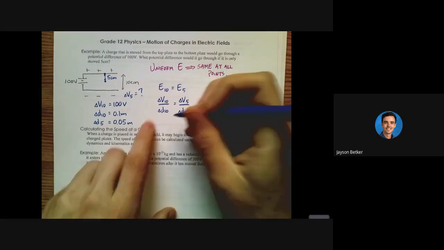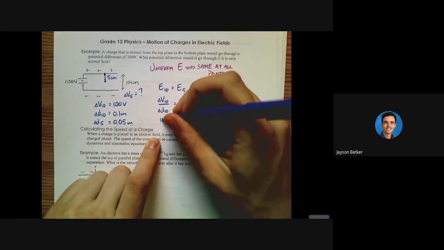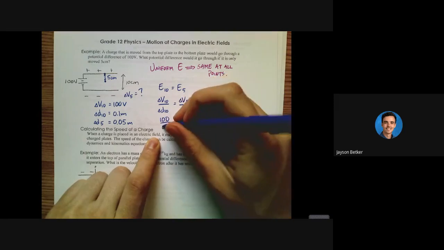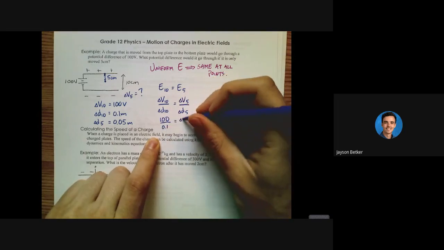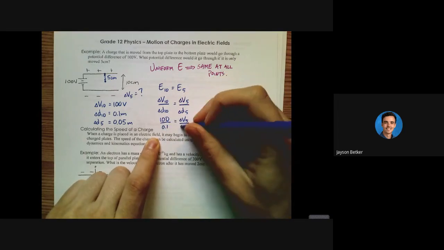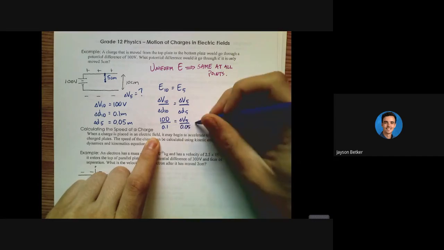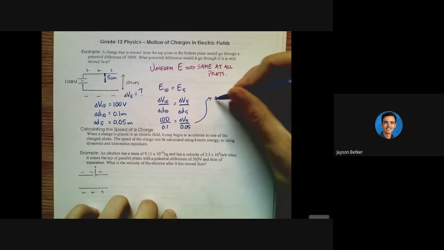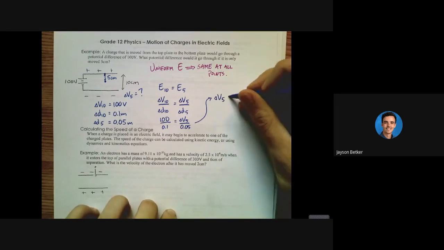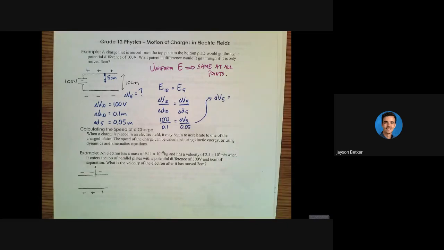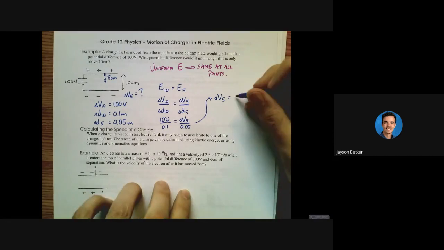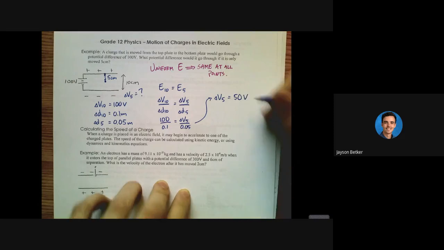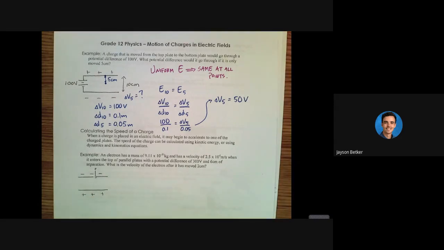So let's take these values and plug in what we know. 100 divided by 0.1 equals delta V5 divided by 0.05. When we solve for that, we end up getting that delta V5, like we had guessed, is just going to be 50 volts. So just showing you where that comes from.